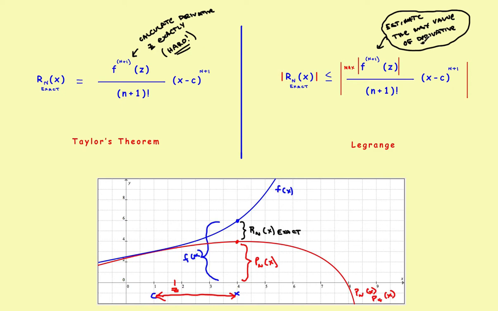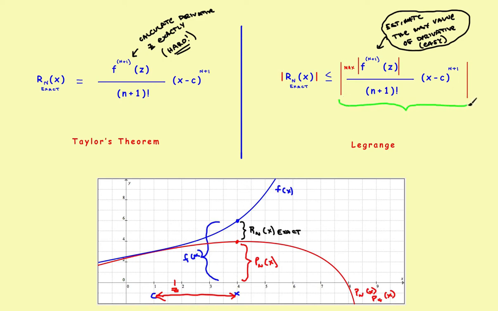And the nice thing about this is, you're going to see later on, this will actually turn out to be pretty easy. So it's a lot easier to estimate the maximum value of the derivative than it is to actually calculate that at z. But there's a penalty to be paid in that. If you estimate the maximum value of the derivative, and I think I'll do this in green, if you go down to here, what that means is this.